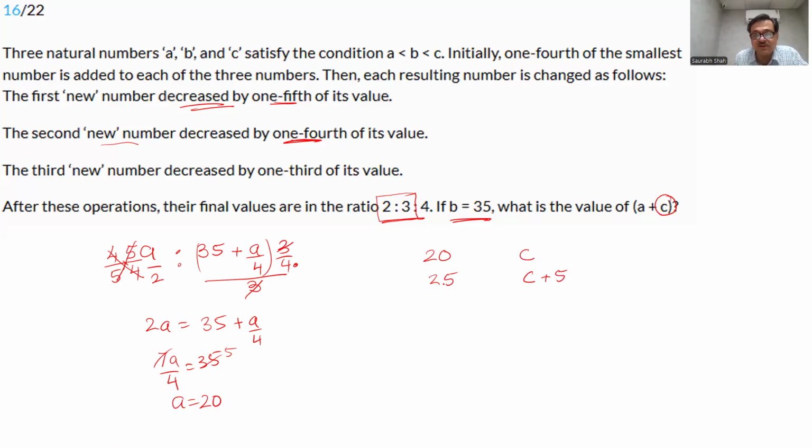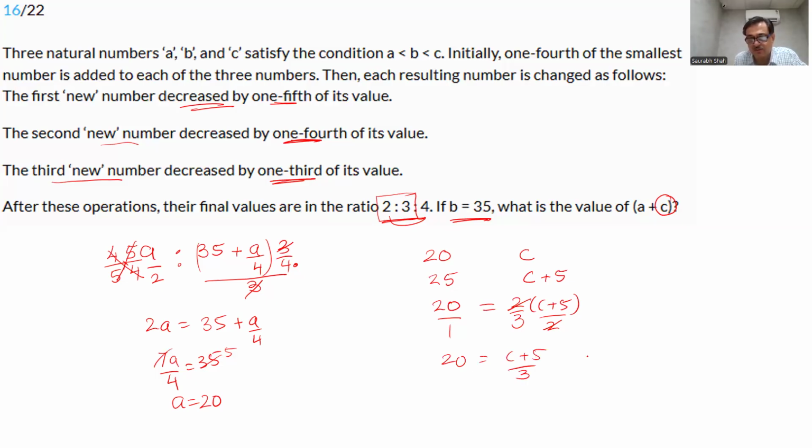We are reducing the first number by 1/5. So A again becomes 20. And the third new number is now decreased by 1/3. It becomes 2/3 of C plus 5. And these two new numbers are now in the ratio 2:4, or we can say 1:2. So we have 20 is equal to C plus 5 by 3.